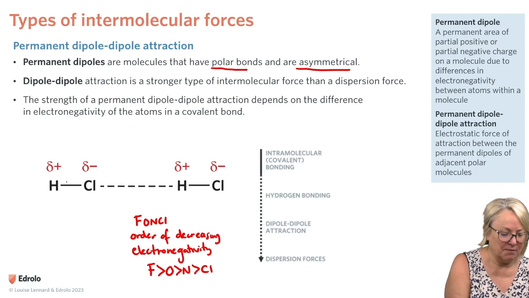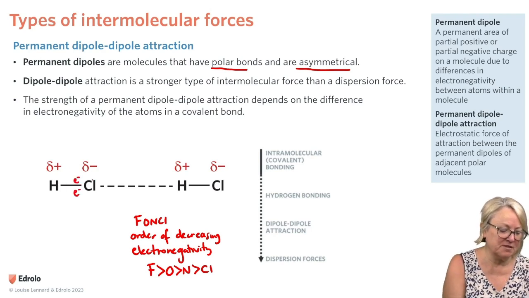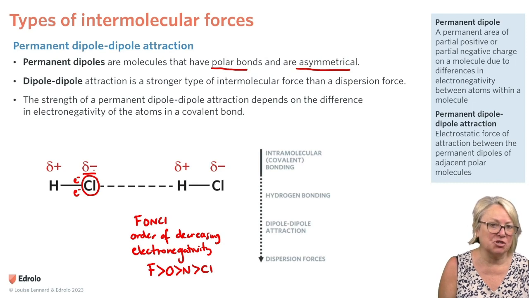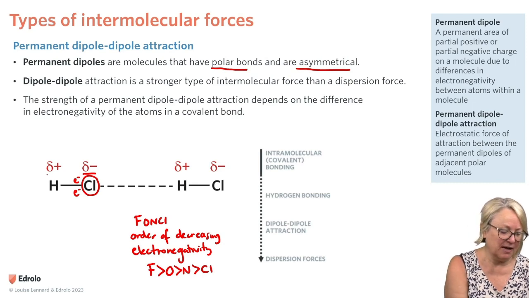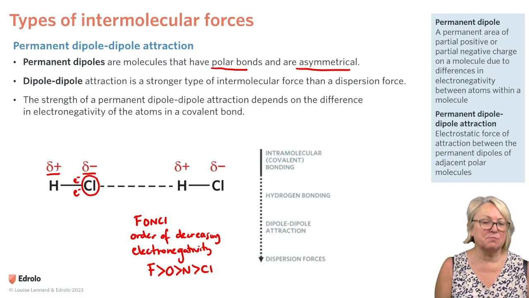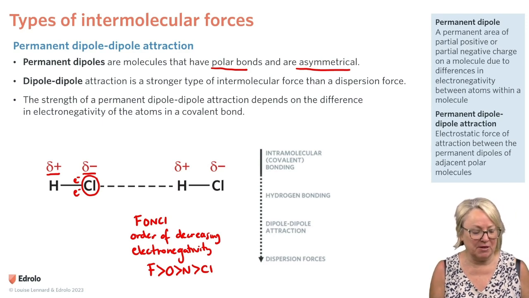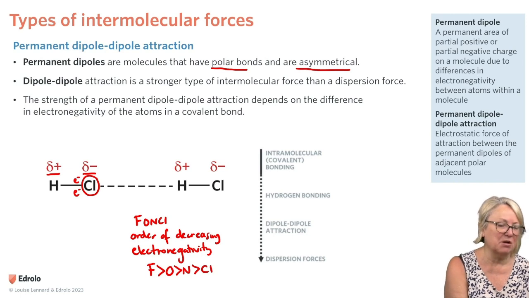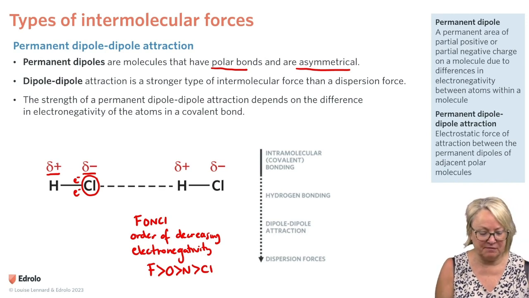So this pair of shared electrons is spending all of its time near the more electronegative atom. So that's delta negative, a partial negative charge. And the electrons aren't spending any time permanently next to the hydrogen, so this end of the molecule is slightly positive.